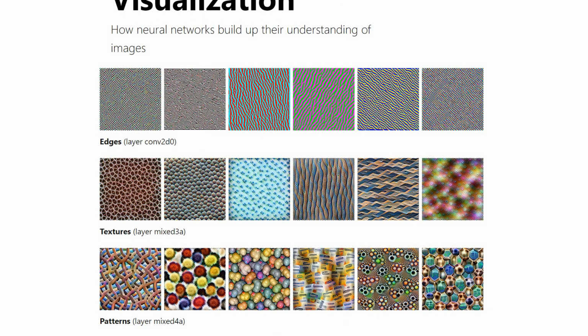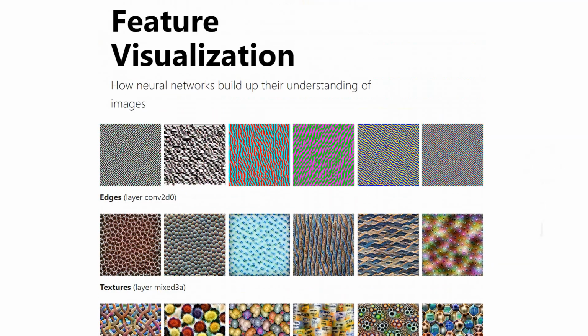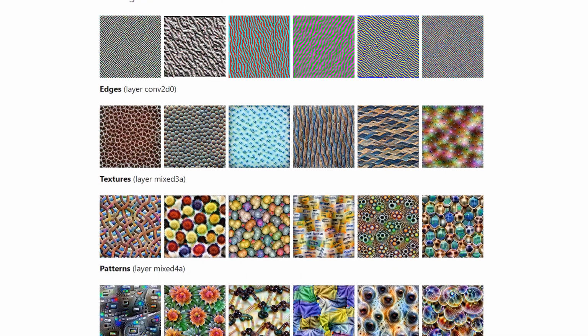There are a number of very cool works that have started to investigate what these networks learn. This started with work like Deep Dream, or even before that, but this is a very good summary and overview of it.